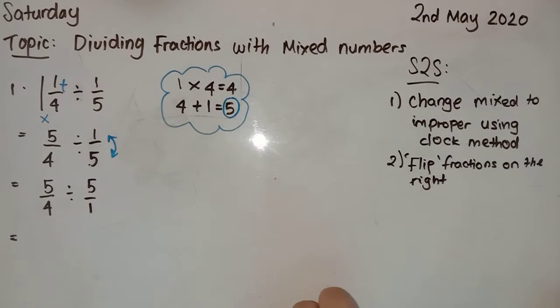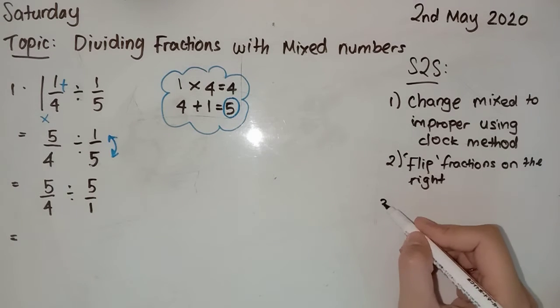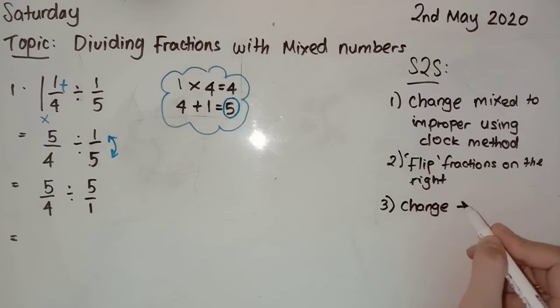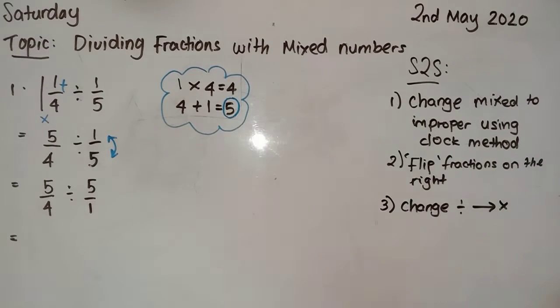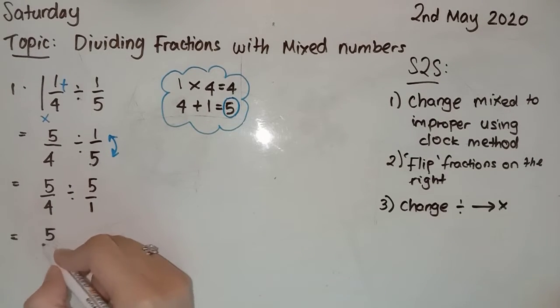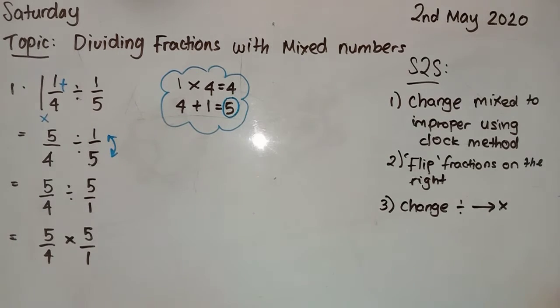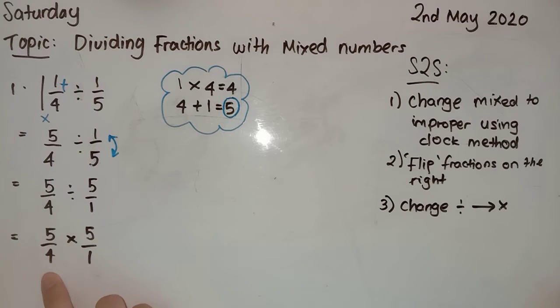And then, what do you have to do? Apa yang di-change? Change division to multiplication. So, 5 over 4 times 5 over 1. Then, multiplying proper fractions, which you have learned last week.